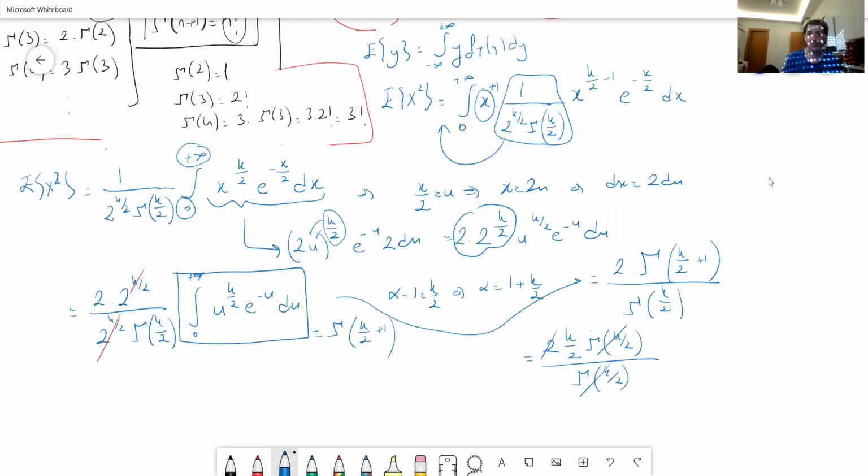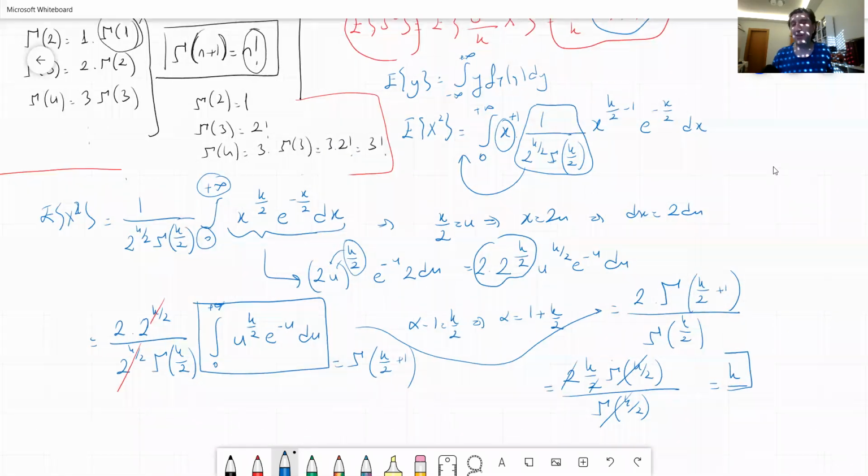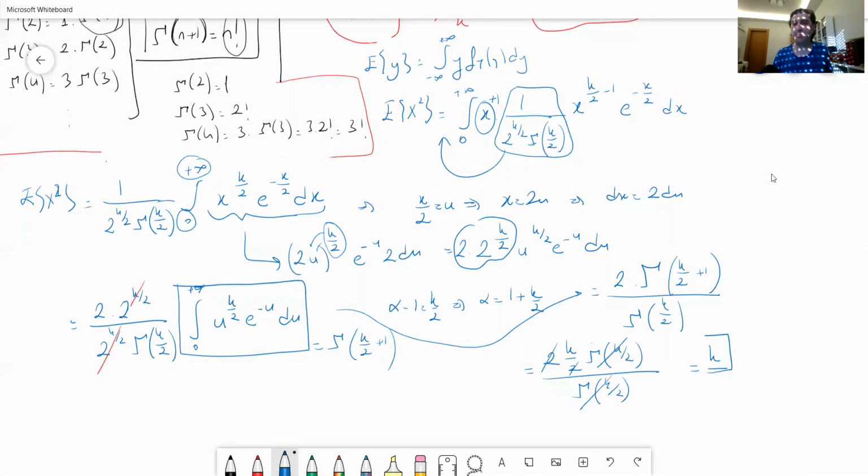These will cancel, and we end up with the already mentioned property of the chi-square random variable: the expected value of a chi-square random variable is equal to k.